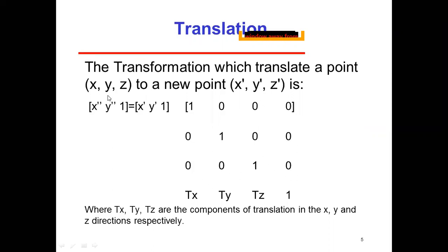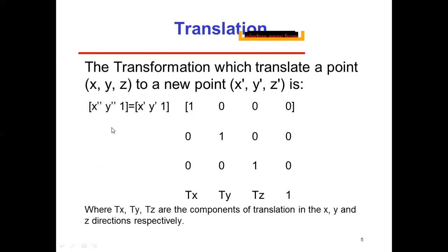Even though everywhere I mentioned x, y, z and the new point x dash, y dash, z dash, here it will come as z double dash and here z single dash, because this is the 3D case. This is just the typing mistake I forgot to write. So you can correct this and take care of this.